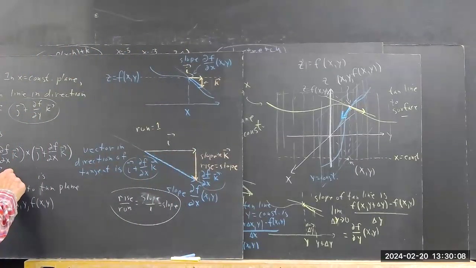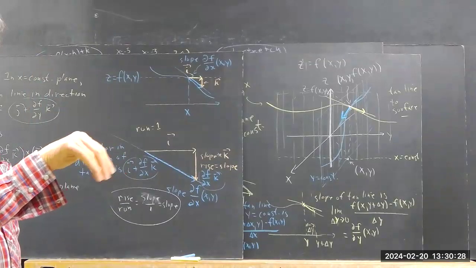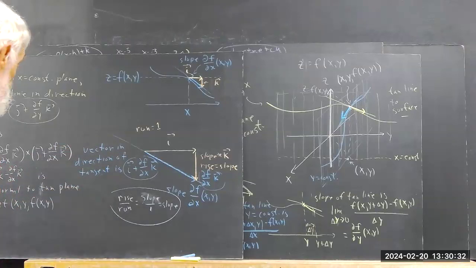So you're gonna have negative partial F with respect to X times J. And what's K cross J? Well, it's negative I. K cross J. Here's K, there's J, and there's your thumb pointing in the negative X direction, which gives you negative I.